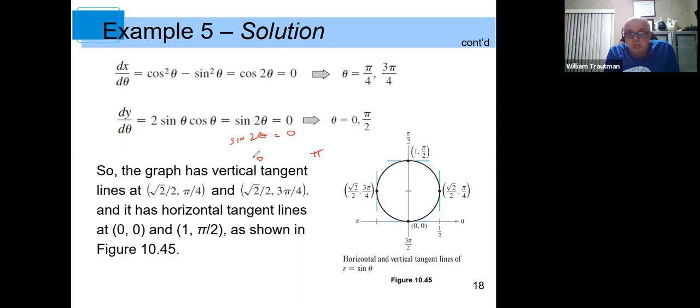If I do the same thing, 2 theta equals pi, and if I divide by 2, theta equals pi over 2. If I divide by 2 here, then theta equals 0.